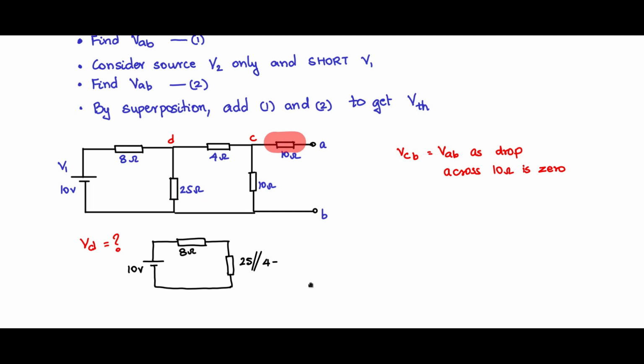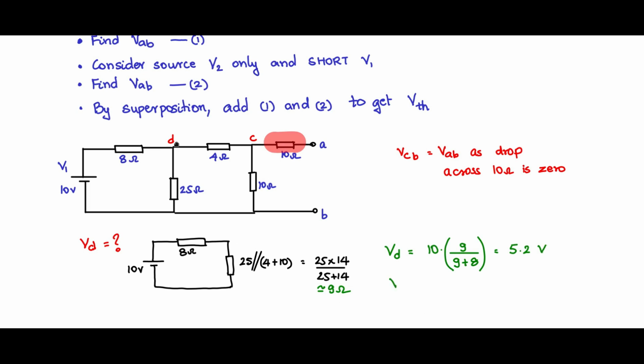So 25 ohms parallel with 4 plus 10, which is 25 into 14 divided by 25 plus 14, product by sum. And this approximately works out to be around 9 ohms. And to find VD, it is nothing but the voltage divider rule. You have VD equals 10 into 9 divided by 9 plus 8, and that will be around 5.2 volts.